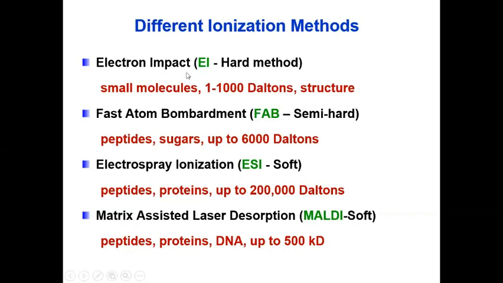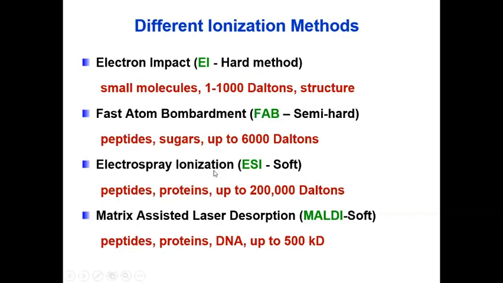Using this EI, we can analyze any chemical substance from 1 to 1000 Dalton of molecular mass. Fast atom bombardment is called semi-hard, and we can analyze any chemical substance up to 6000 Dalton. Then we have electrospray ionization, which is a soft ionization. We will see why it is called soft ionization.